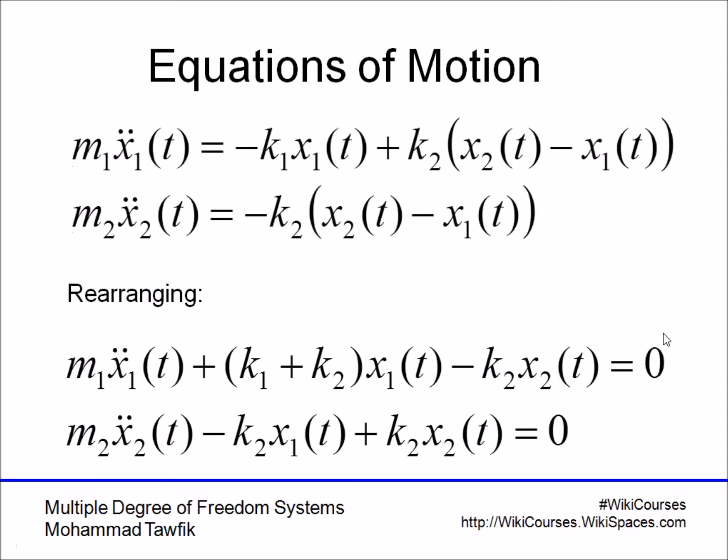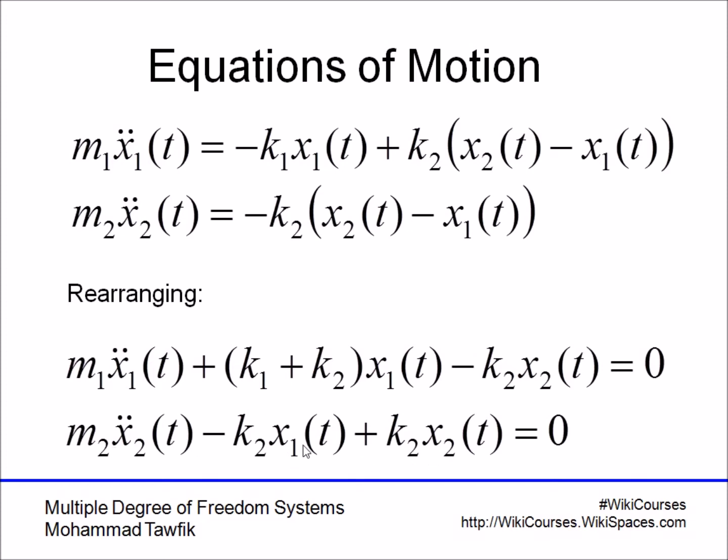Writing down the equations of motion, we will find that mass times acceleration will be the sum of forces on the two masses, but in this case, after rearranging, we'll find that the equation of the mass m1 includes also the displacement x2, while the equation for the mass m2 includes the displacement x1.